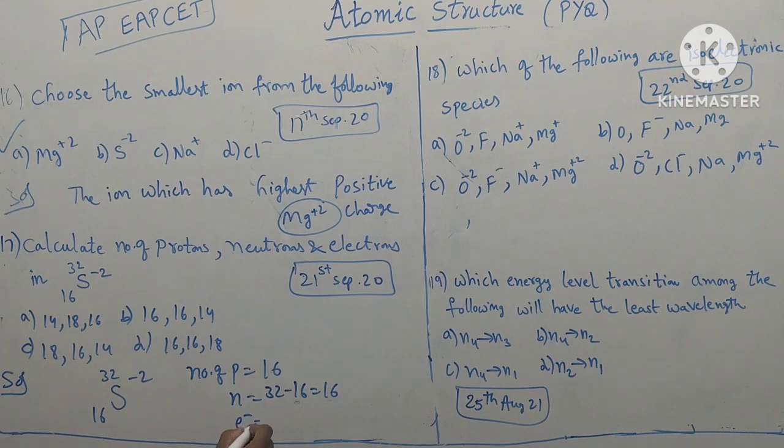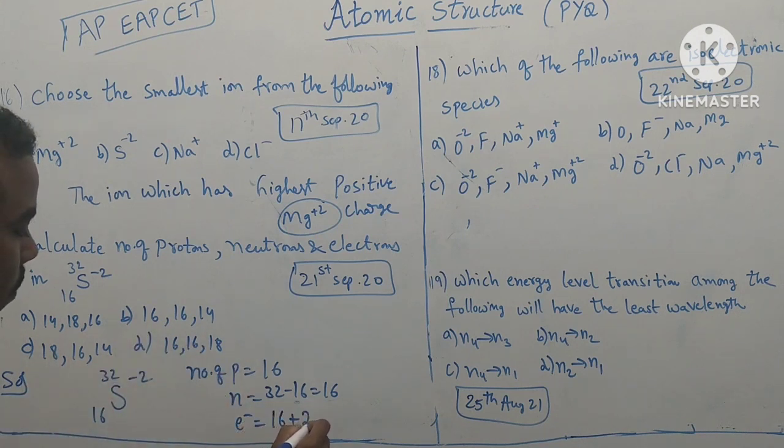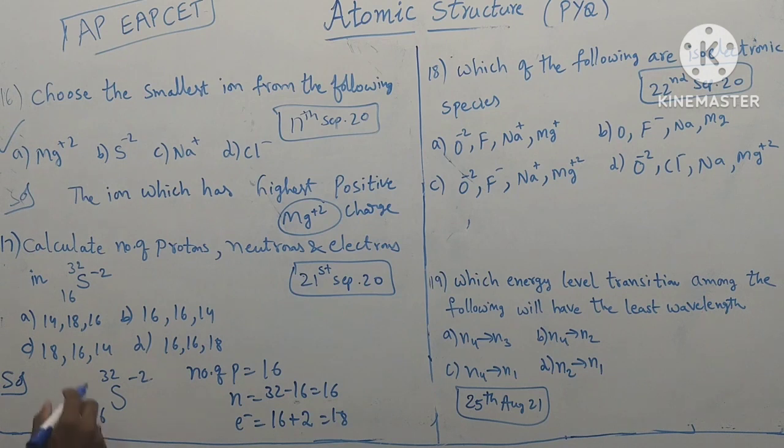Next, number of electrons: already 16 protons and 16 electrons, and the extra minus 2 means 2 extra electrons, so 16 plus 2 is 18. That means the answer is 16, 16, 18, option D. Here 32 is the mass number; mass number minus proton number is the number of neutrons.